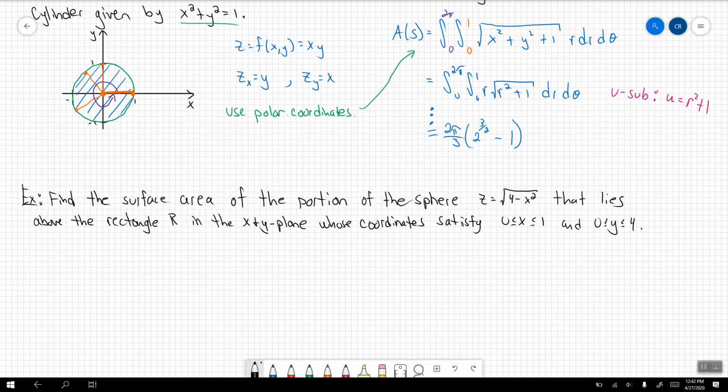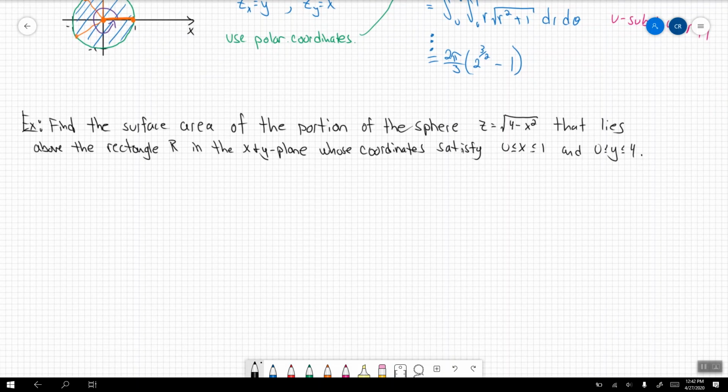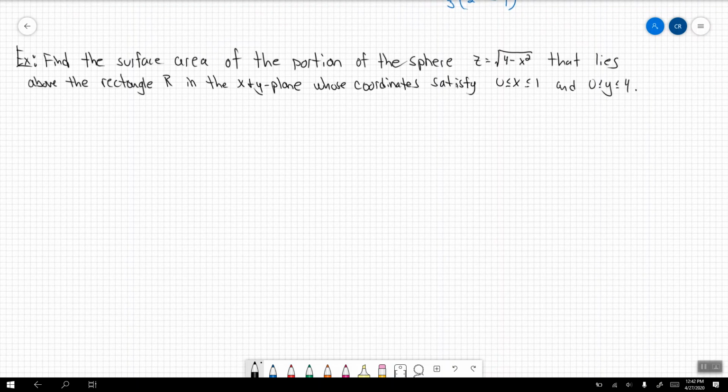So, the nice part about this is, again, we have this surface area that we want to investigate. This surface area is going to be the portion of the sphere, and actually it's not a sphere, because that's a cylinder.